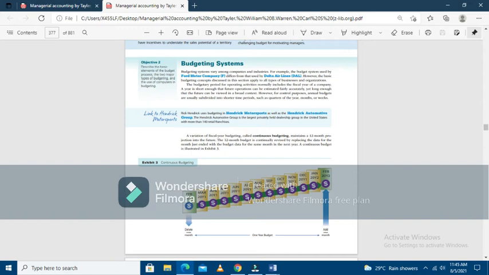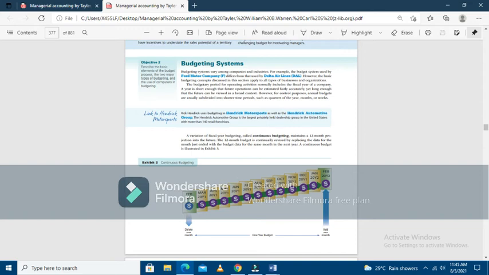However, para ma-compute natin yung annual budget kasi mas maganda that you monitor the budget on a periodic basis. Kaya gumagawa ang most companies ng divisions or subdivisions for that. Pwedeng meron tayong monthly budget or meron ding weekly budget, meron quarterly budget, and then isa-sum up na lang natin yan for us to make an annual budget.